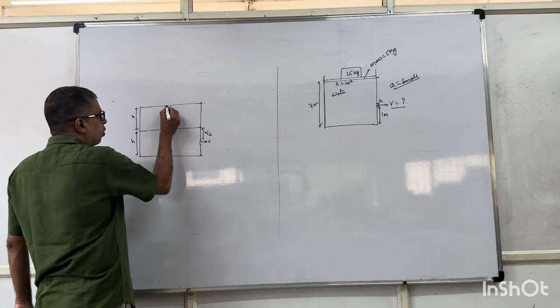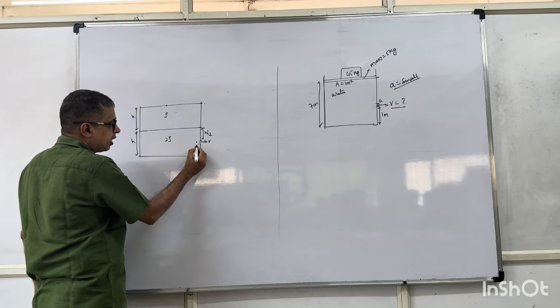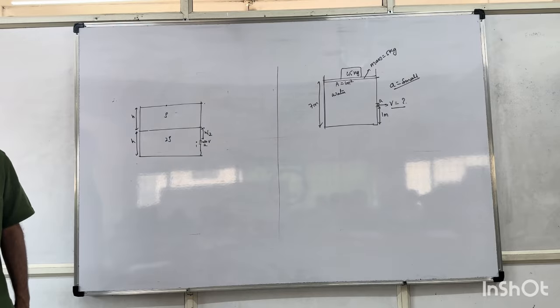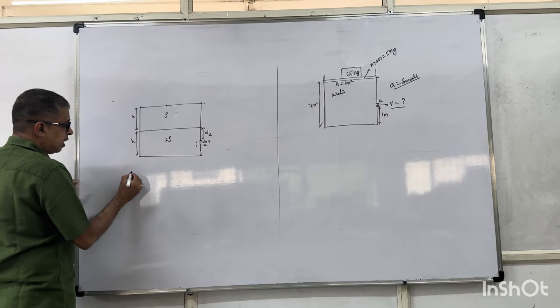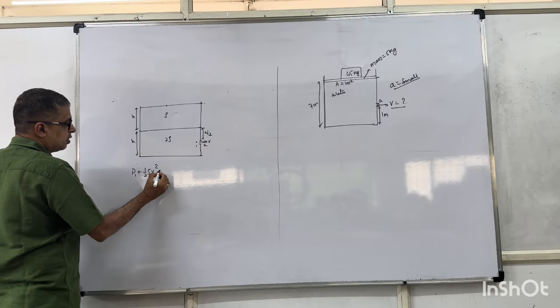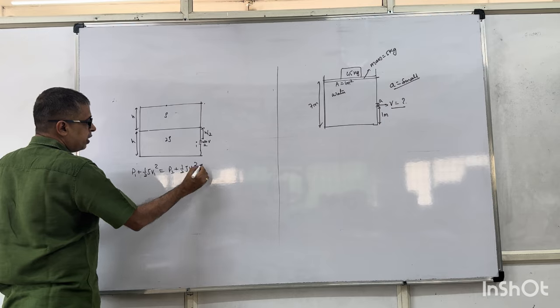You can select one point here, one point here, or you can select one point here, one point here. Any 2 points of your choice. Let me select pressure at 1 plus half rho V1 square is pressure at 2 plus half rho V2 square.